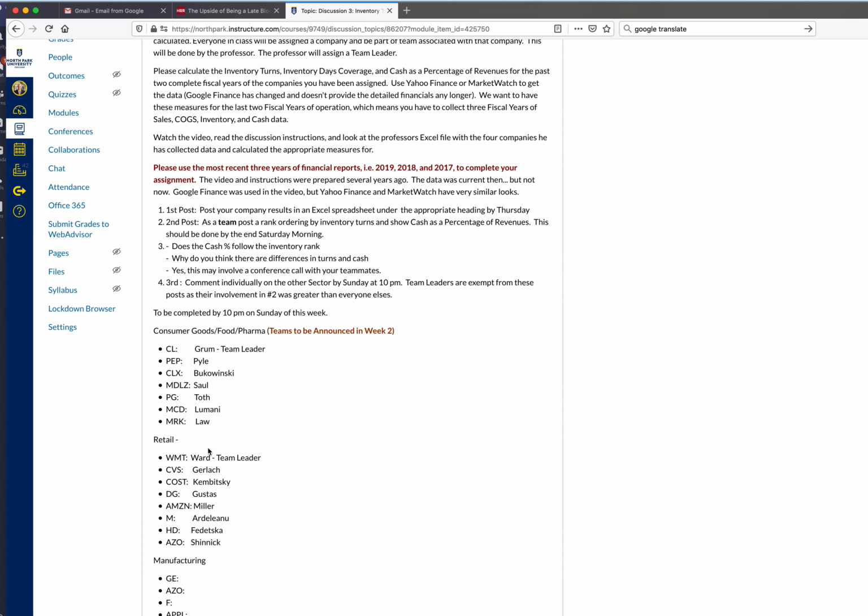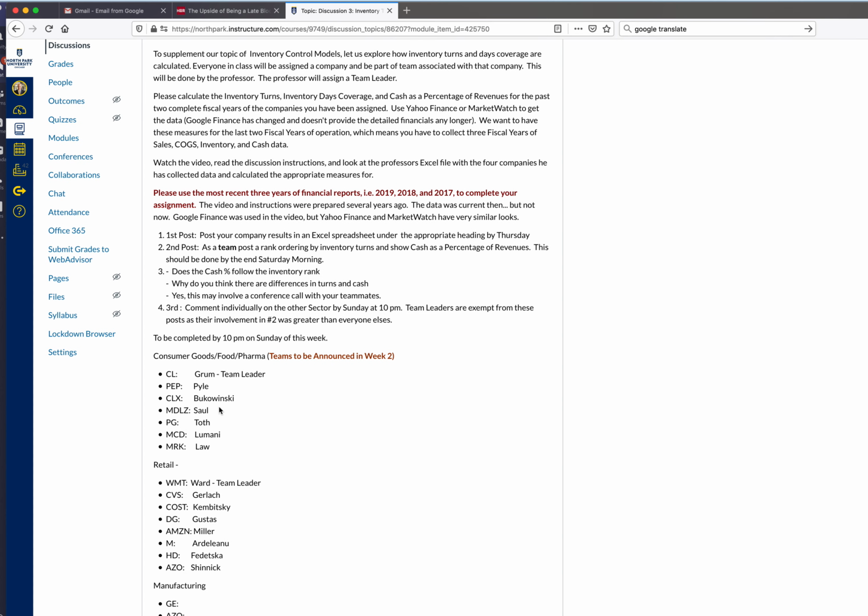It's hard to compare inventory turns company versus company unless they do exactly the same thing. You'll find that if you look at McDonald's, which Lumani has, or AZO, which Shinnick has, you'll find them at the opposite extremes for inventory turns. And you have to discuss and figure out why. Is there any relationship between inventory and cash?